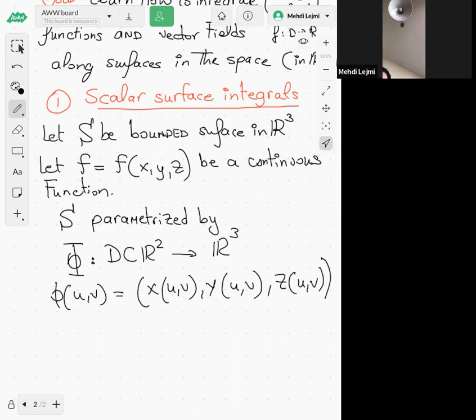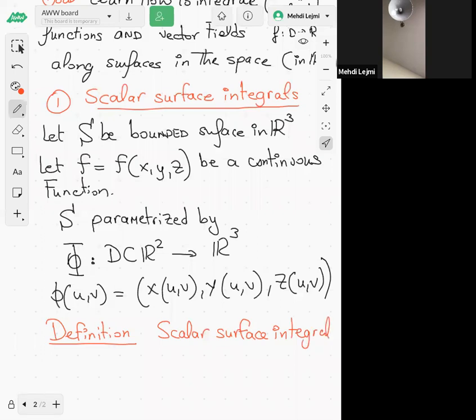Then we define the scalar surface integral. We're going to integrate this function f along this surface S. Again, like for paths, where we integrate functions along paths, here we are integrating functions along surfaces in the space.